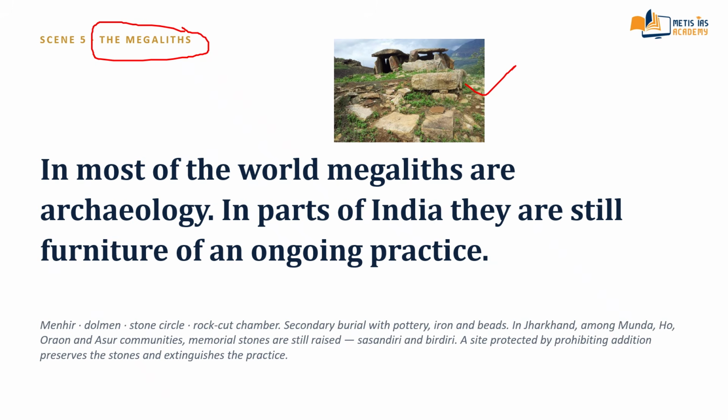In Jharkhand, in the Ranchi Khunti belt and around Hazaribagh, among Munda, Ho, Oraon and Asur communities, megalithism is not extinct. Communities still place new memorial stones for their ancestors using the same forms and local names, Sasandiri for the family dolmen type burial, Birdiri for the memorial menhir.